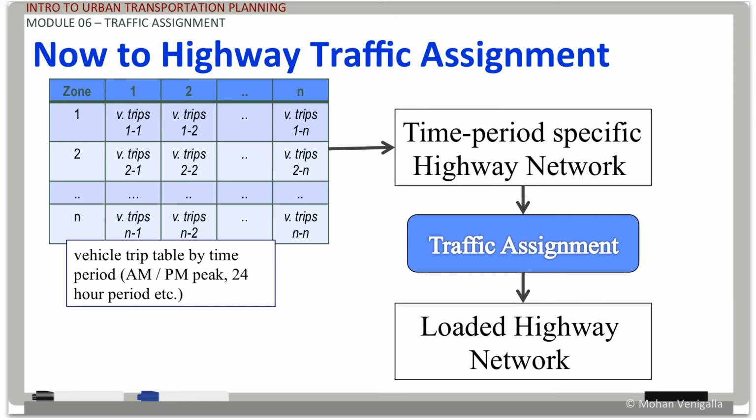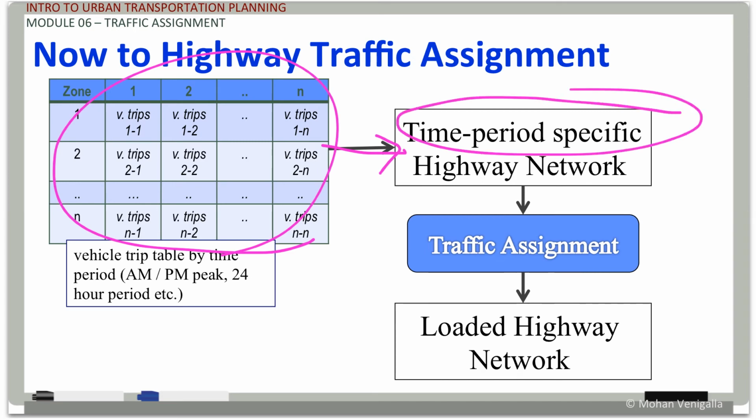Now you get the picture. That is your trip matrix, and that is put in as an input to a time period specific highway network. What do I mean by that? Imagine the morning peak period. Your HOV lane on 66 is only eastbound.